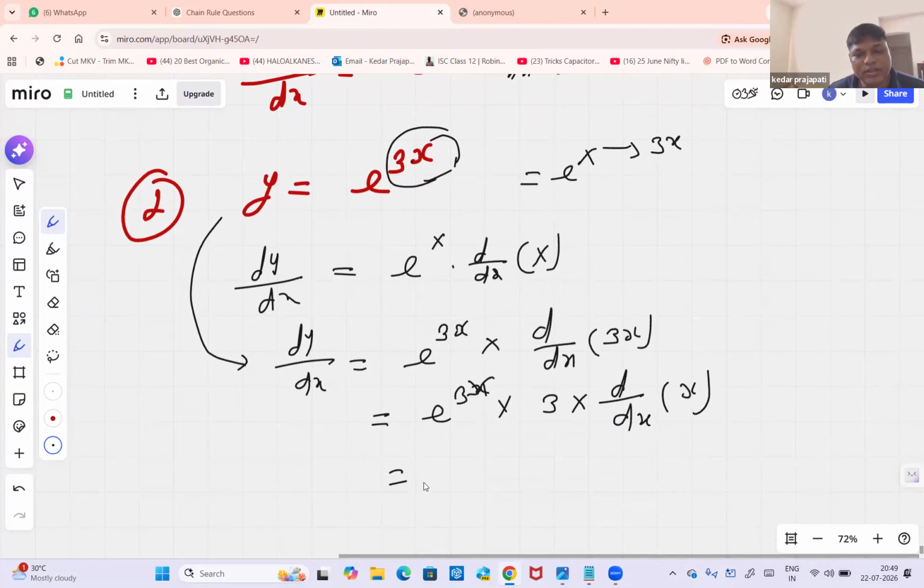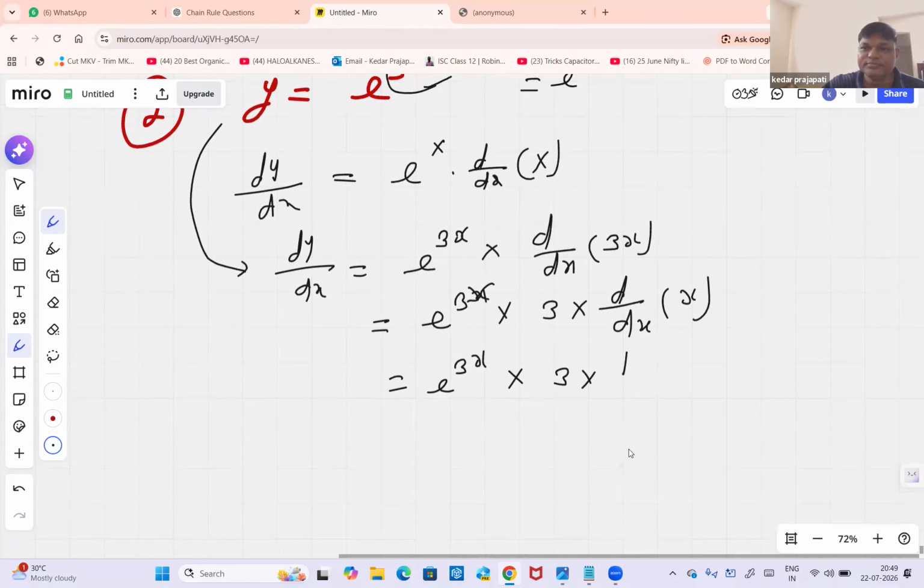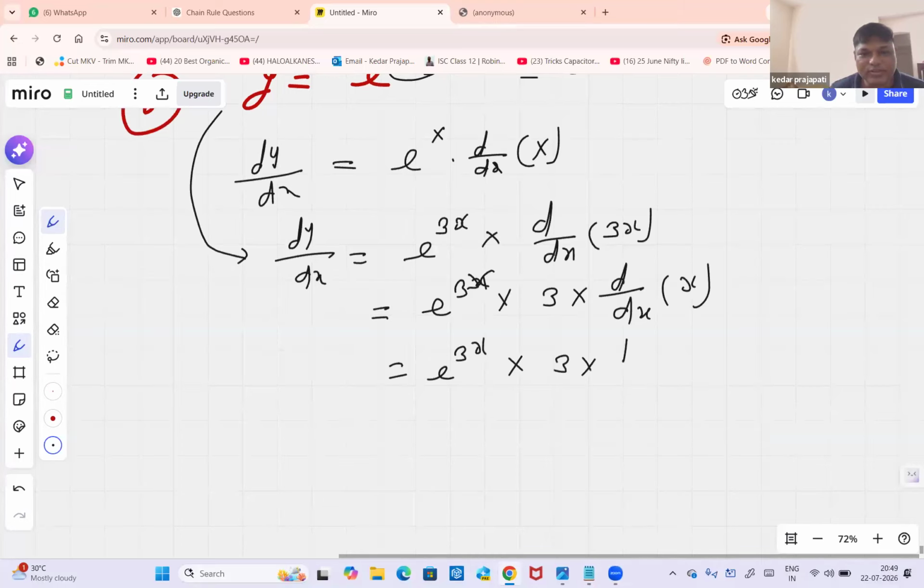If you have any doubt in these questions, keep on solving it. The answer will come. d by dx of x is 1. So the answer is how much? You can get it in one step also if you are very comfortable. Clear?